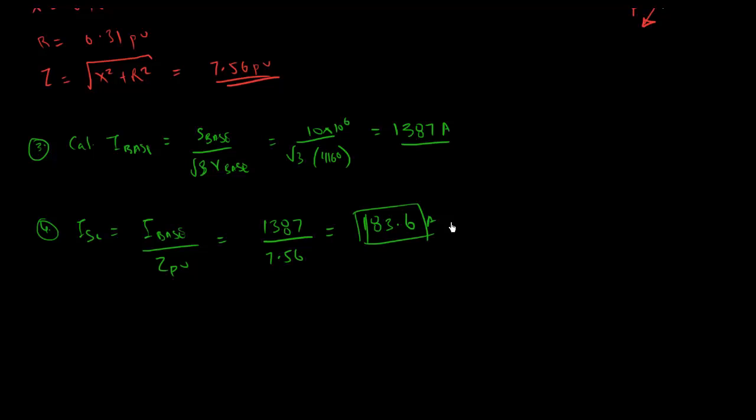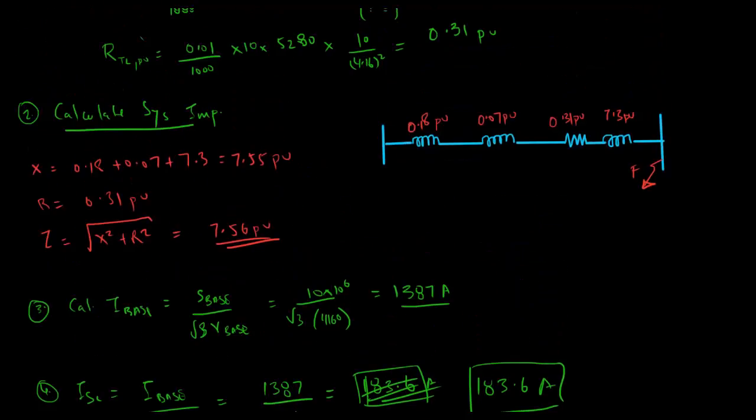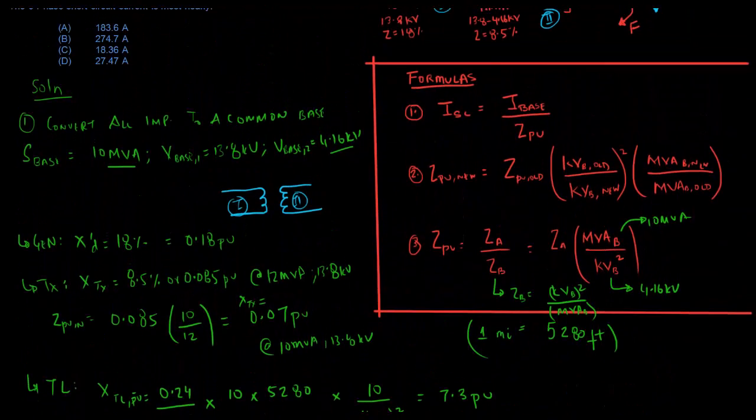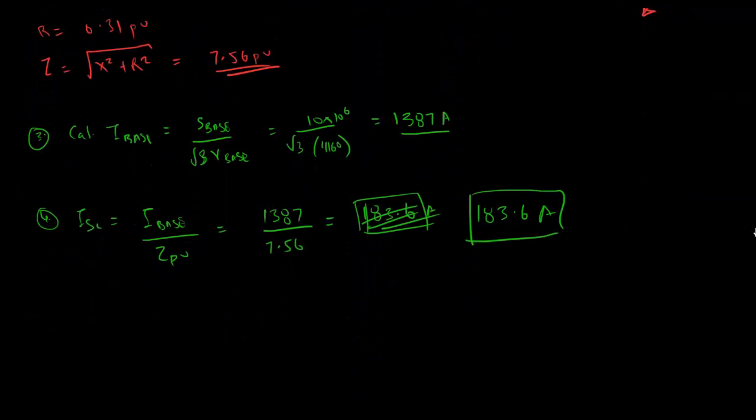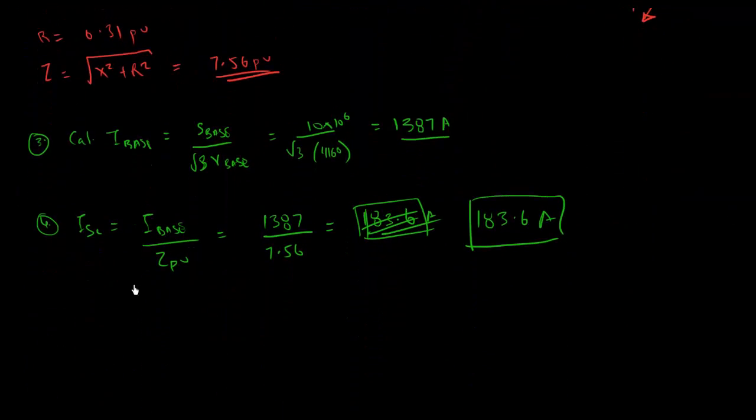Let me just cancel that. 183.6 amps. There you go. That's better. Let's see if that's one of the options. There you go. That's option number A. That's one of the choices we've been given. So that's how we go ahead and solve a fault analysis problem, a three-phase fault analysis.